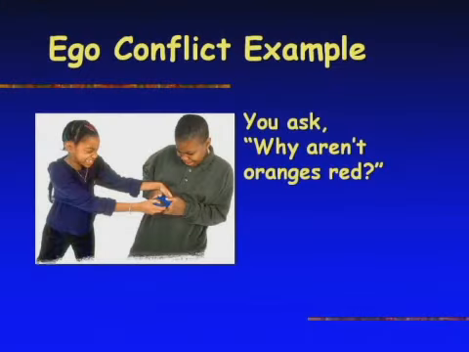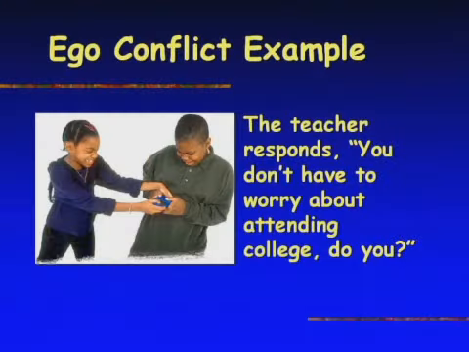Let's say you're in a classroom and a student asks a question, "Why aren't oranges red?" The teacher pauses a second and then says something like, "You don't have to worry about attending college, do you?" Well, certainly a comment like that would attack perhaps the intelligence, the worth, or the heritage of an individual.